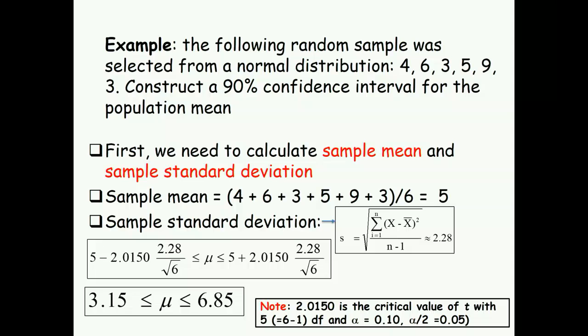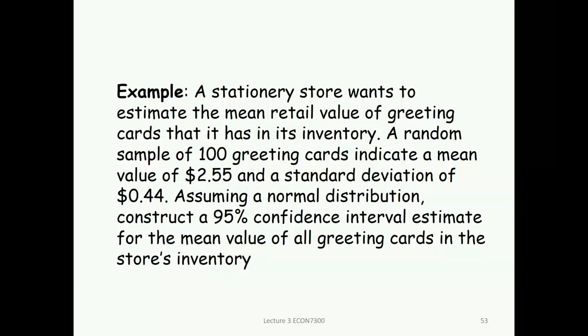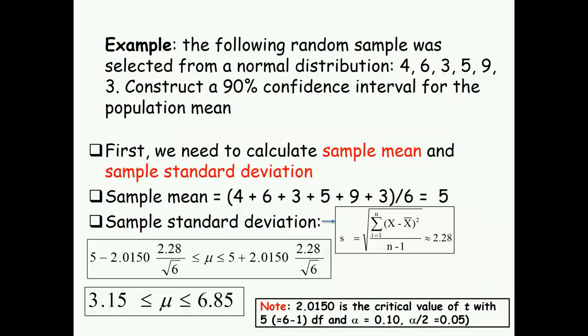So the whole process is the same. The only thing is you need to calculate some values yourself. In this question, everything is given, but here you have to calculate manually first. How do you calculate the sample standard deviation? For each value, 4 minus 5 squared, 6 minus 5 squared, 3 minus 5 squared, then you add them. Then divide by n minus 1, where n is 1, 2, 3, 4, 5, so 4.